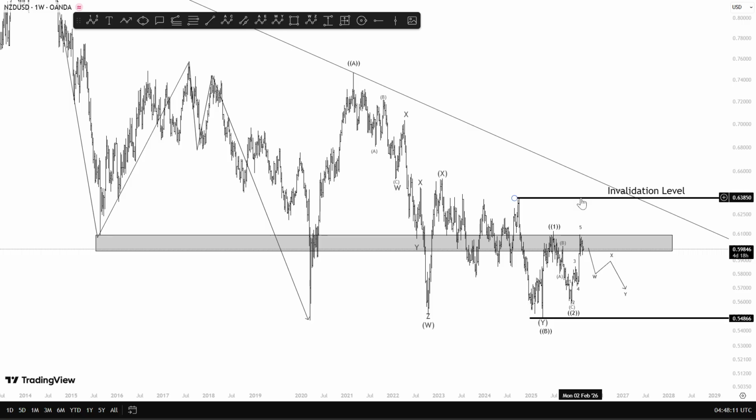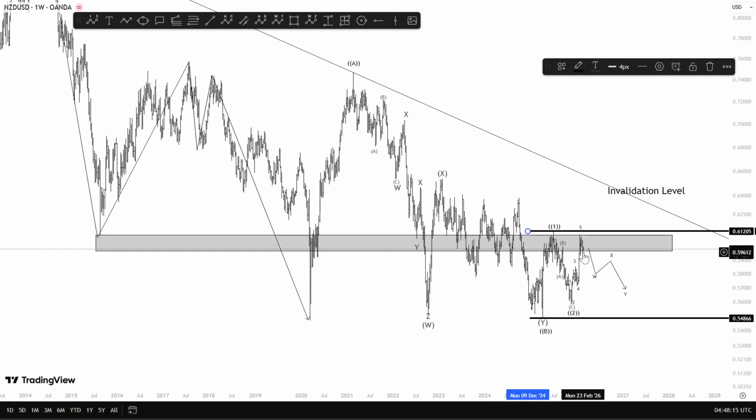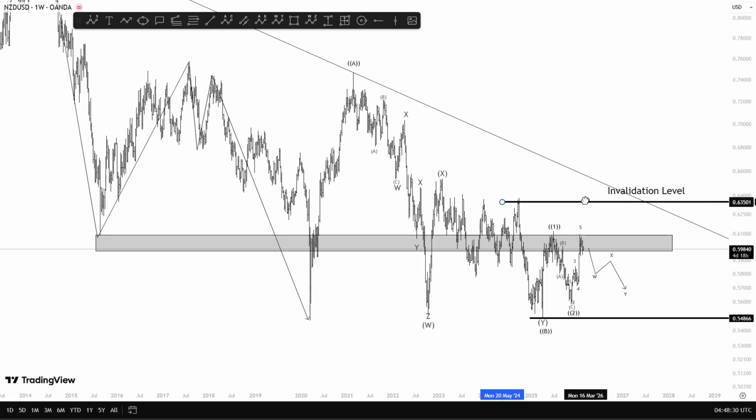Because if you shift your validation level to this range, the market might still take some stop loss out, then boom, hit your stop loss before going with W, which won't bode well for your account. So it's better you just place it here.